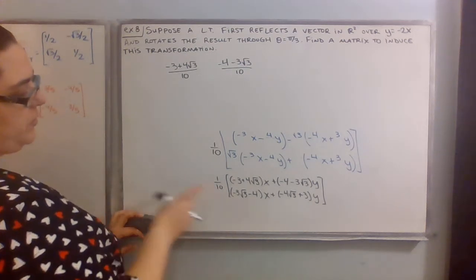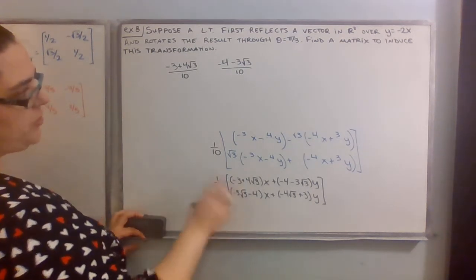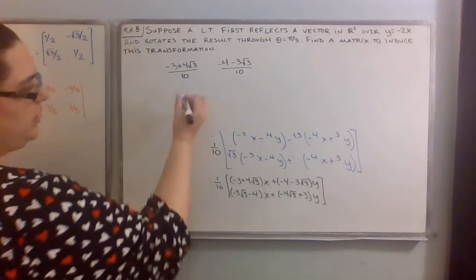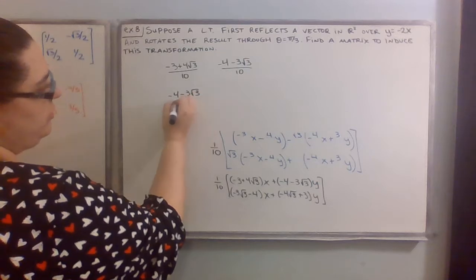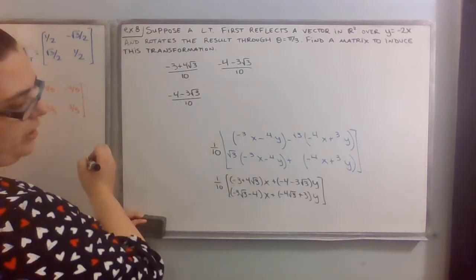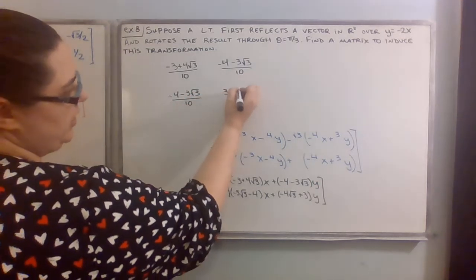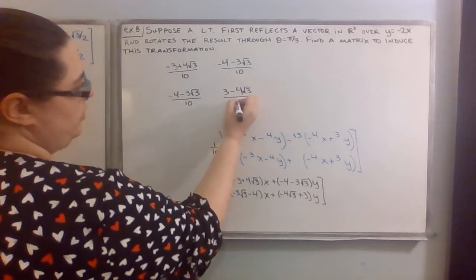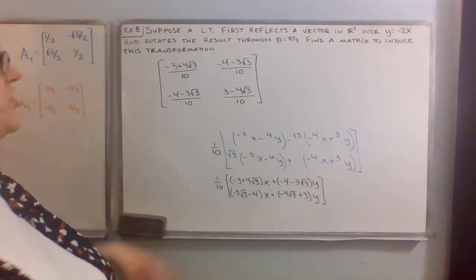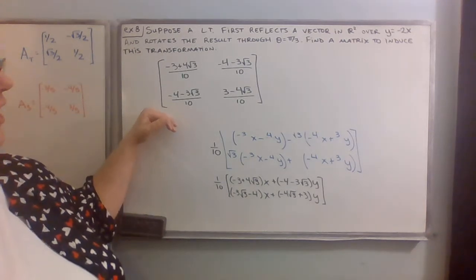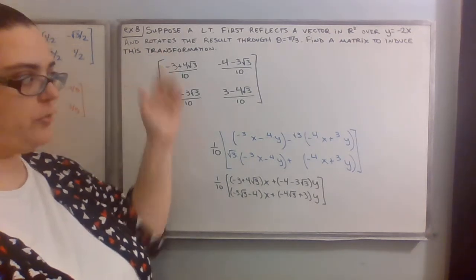And then I'm going to pull up this one. I'm just going to reverse the order so I'm consistent and my radicals are second. So I'm going to have negative 4 minus 3 root 3 over 10, and then 3 minus 4 root 3 all over 10. So this is going to be my matrix that induces this linear transformation.